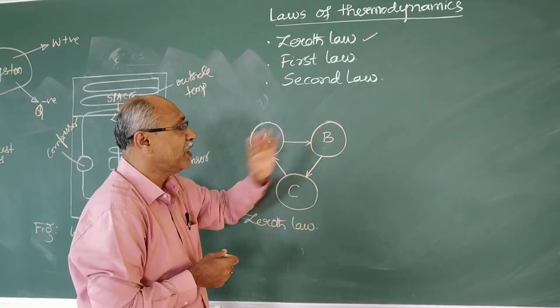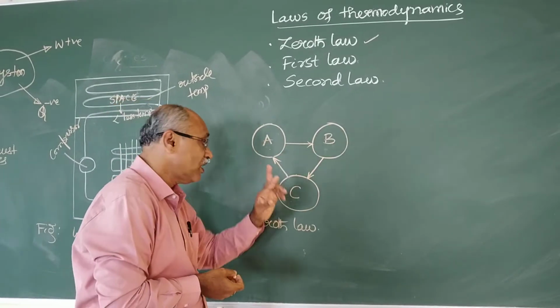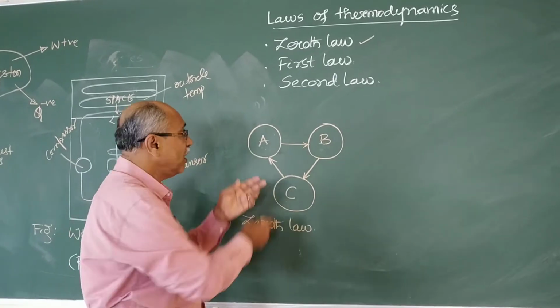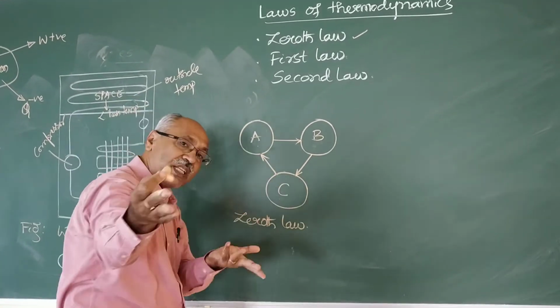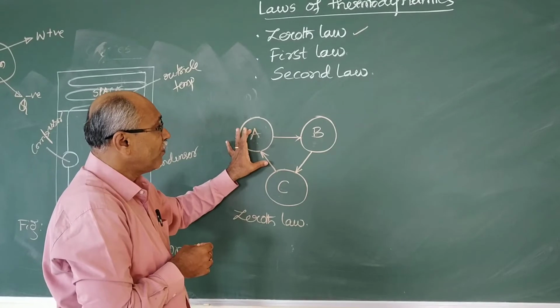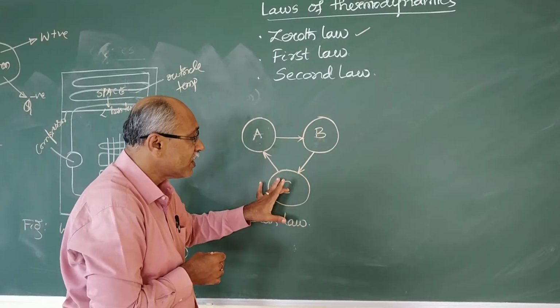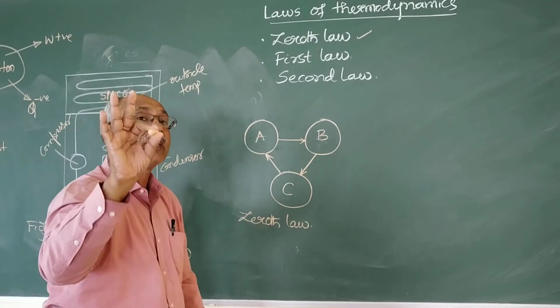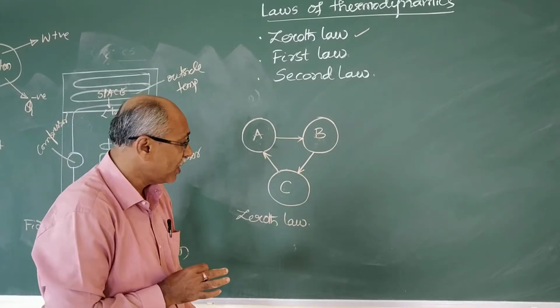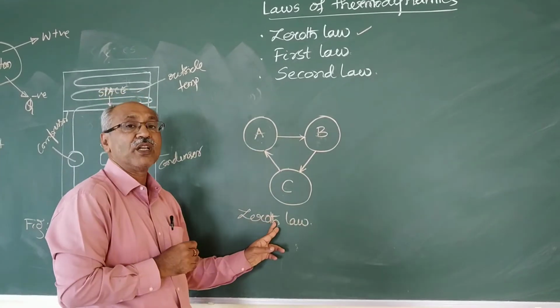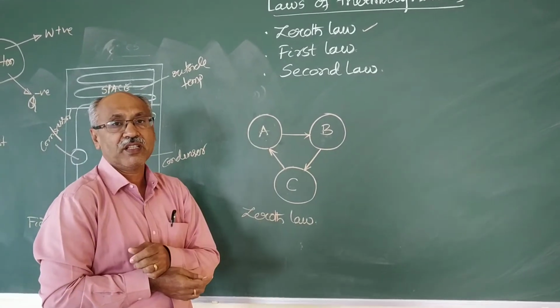If A is in thermal equilibrium with B, and B is in thermal equilibrium with C, then the relation between A and C is established, and therefore all the three systems are said to be in thermal equilibrium with each other, and that is called the zeroth law of thermodynamics.